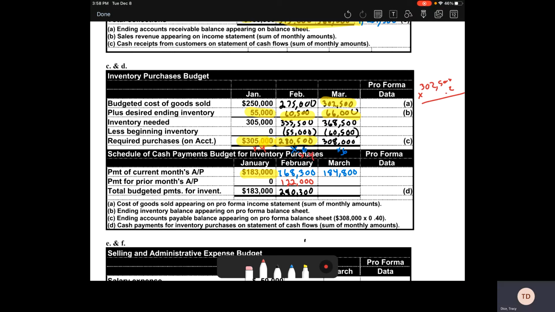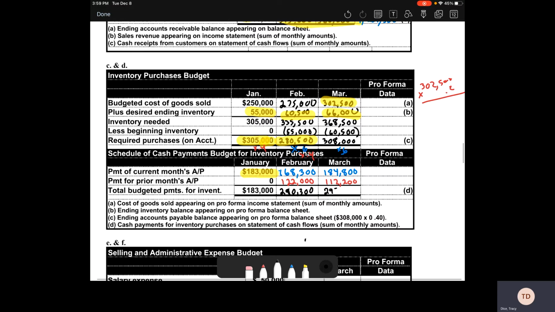So 280,500 times 0.4, because that's what's left. And that gives me 112,200. And when we add those together, we end up with $297,000 in cash payments that month.